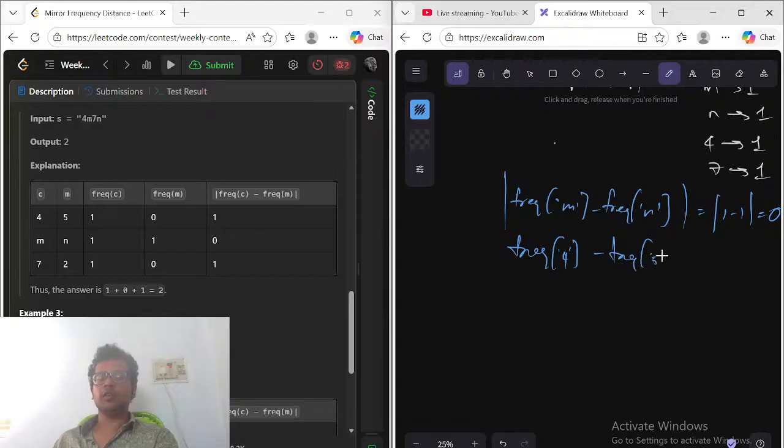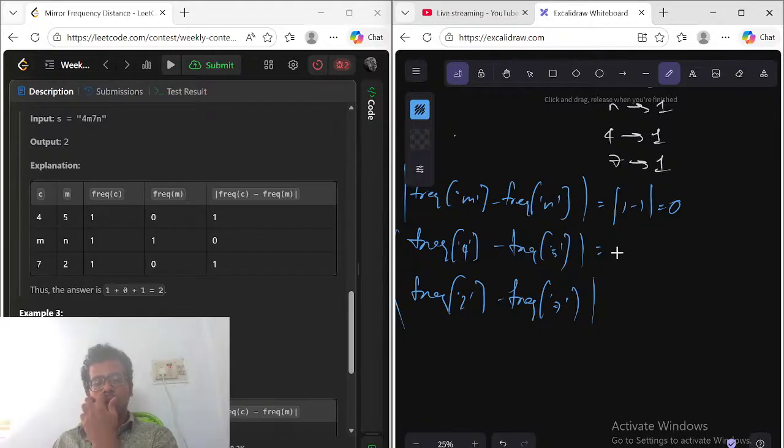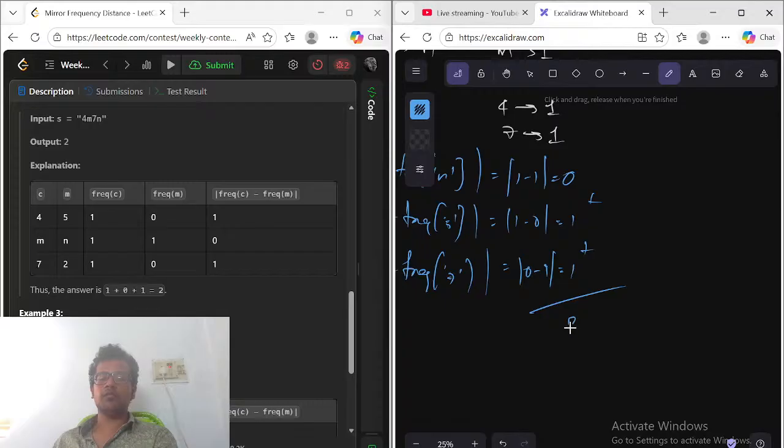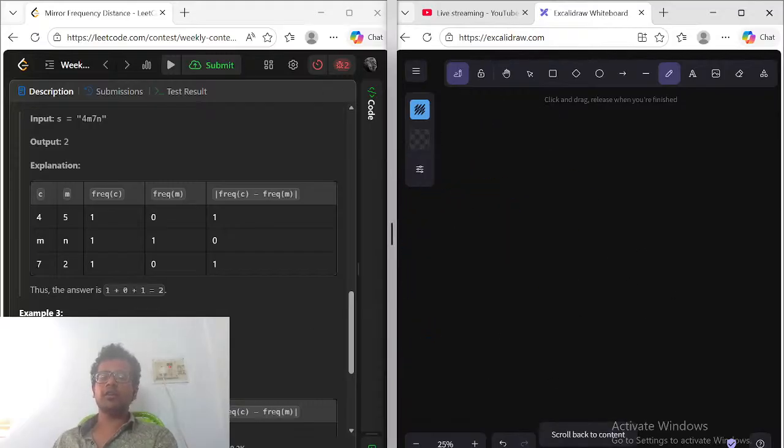Frequency of 4 minus frequency of 5 is 1 minus 0, which is 1, and frequency of 2 minus frequency of 7 is 0 minus 1, which is 1 in absolute value. So 0 plus 1 plus 1 will be 2. That's what we got. Really, this is an easy problem.